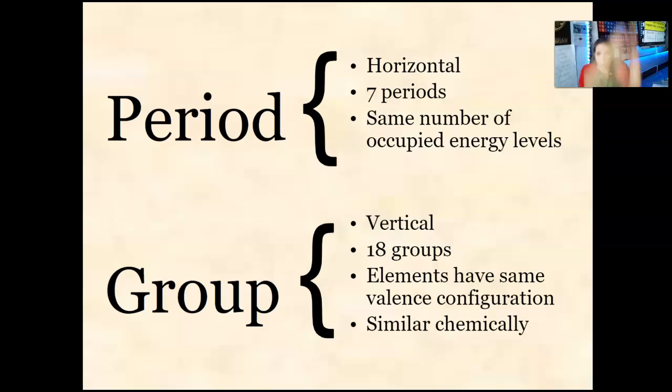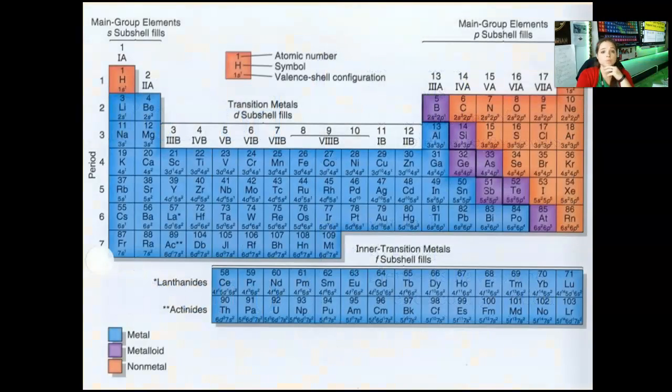So 1 has only 1, 2 has only 2, 13 has only 3, 14 only 4. And they're also similar chemically, which we will get to. All right, so this is showing here are the periods, and here are the groups, 1, 2, 3, 4, and so on, right?